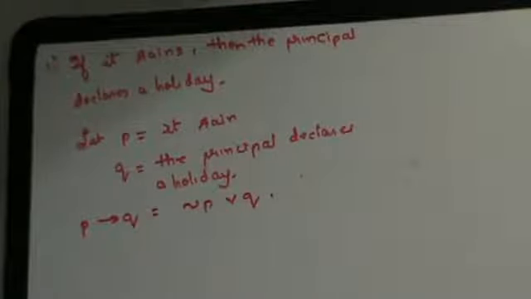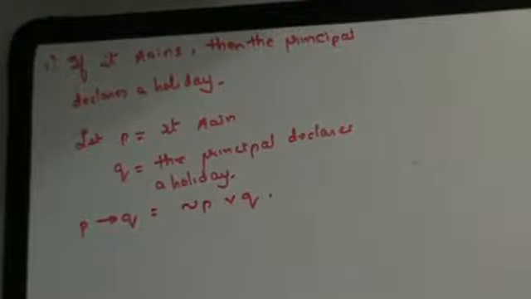If the quadrilateral is a rhombus, then it is not a square.